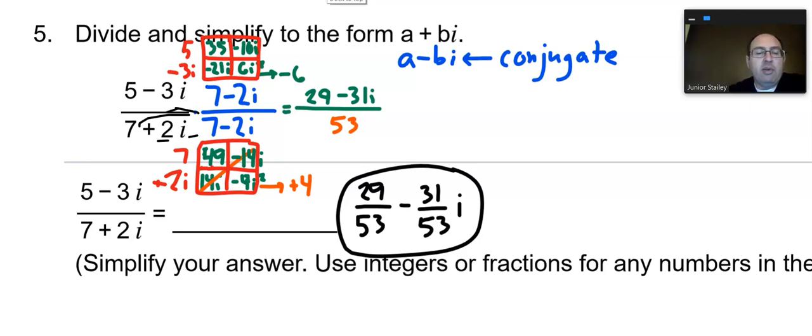So, if we multiply by the conjugate, now what is the conjugate of a minus bi? That would be a plus bi. Those are conjugates. So, 7 plus 2i has a conjugate of 7 minus 2i.